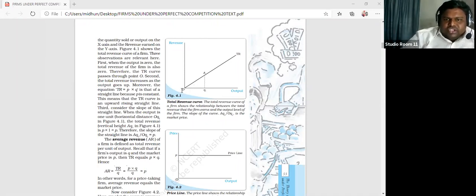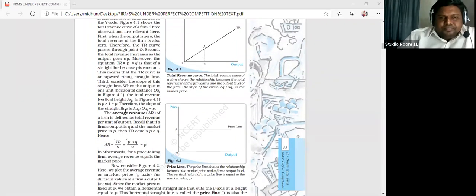The distance between O and Q1 and A and Q1 is almost the same here because the quantity is only 1. So this is the total revenue curve. Just observe it clearly, and it is important for the examination, in the sense of understanding the other concepts.